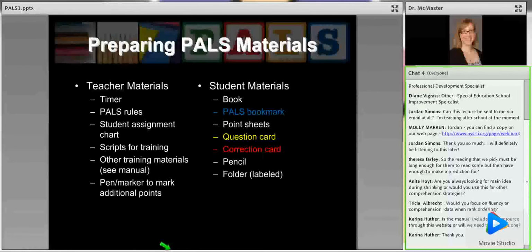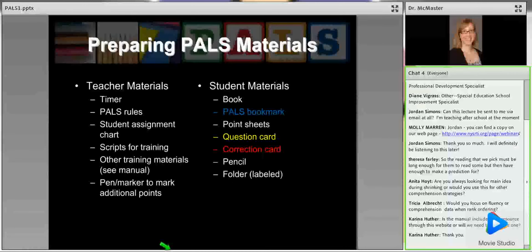And then, of course, you'll have PALS materials. So for you, the teacher, the materials would include a timer, the PALS rules, which, again, I'll show you next week, the student assignment chart with their partners, scripts for training. So in the manual, there are several scripted lessons that tell you everything you need to know to teach your students how to do PALS.